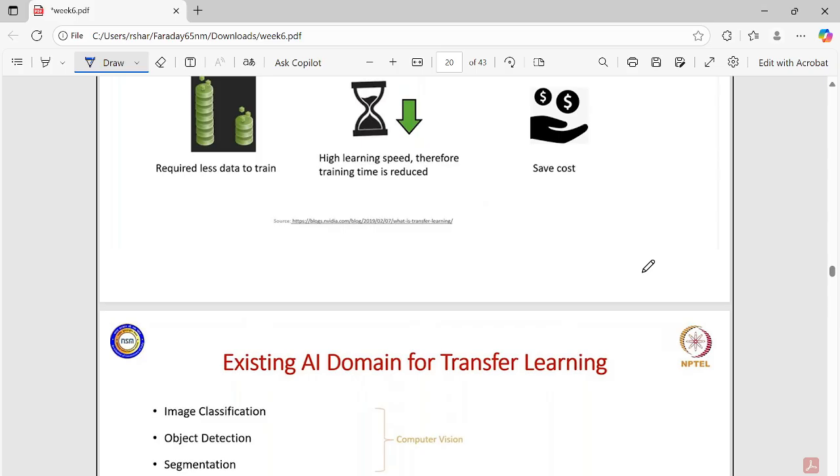This drastically reduces the training time and computation cost. It also works well with smaller datasets. Many real world problems have limited labeled data, which makes training from scratch difficult. Transfer learning uses knowledge from the larger dataset to boost performance on a small dataset, and it helps the model generalize better when we don't have tons of data.